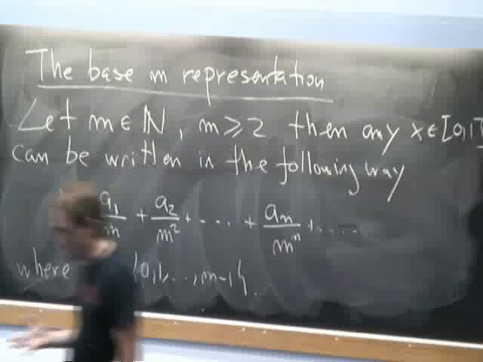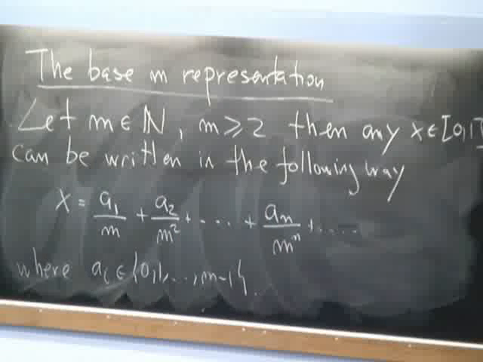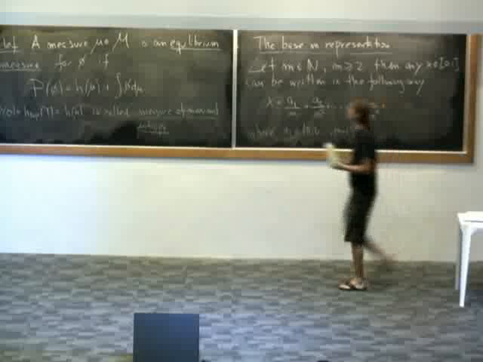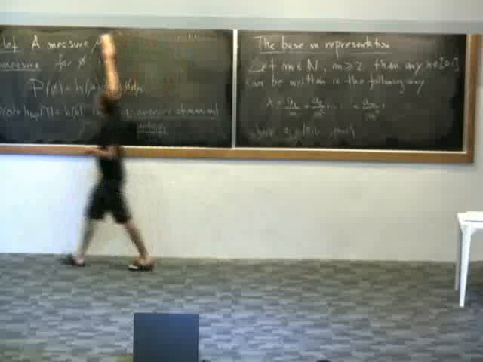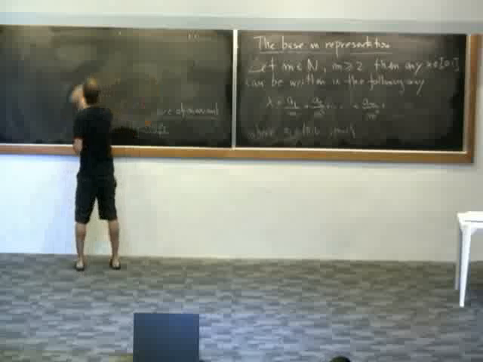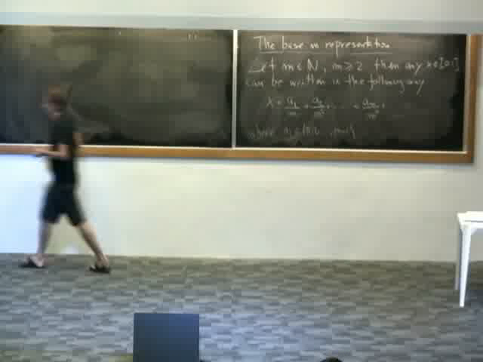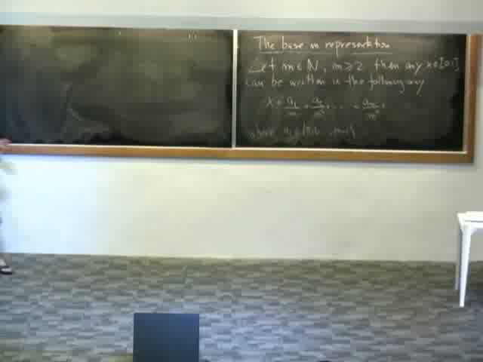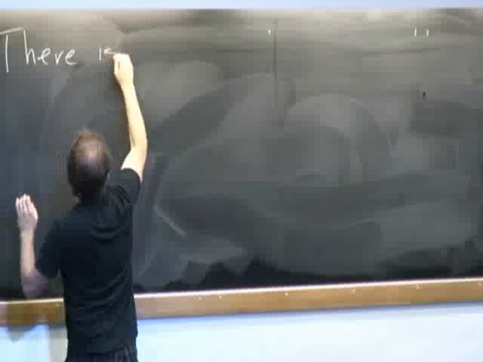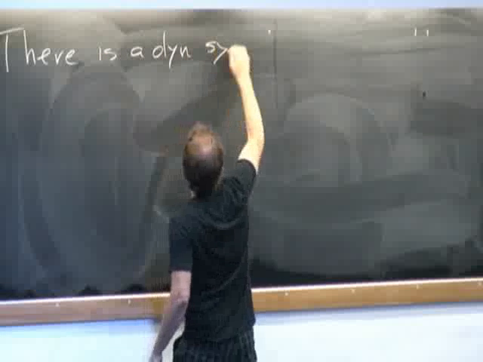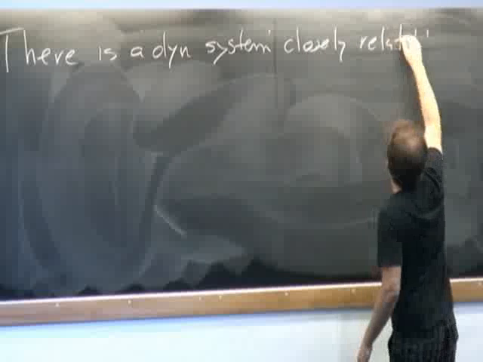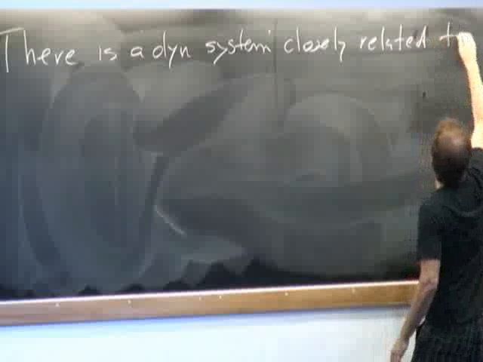So there is a natural dynamical system related to this expansion, which is the interval map, mx mod 1. This has been discussed already, so I hope that you remember. So there is a dynamical system closely related to this expansion.